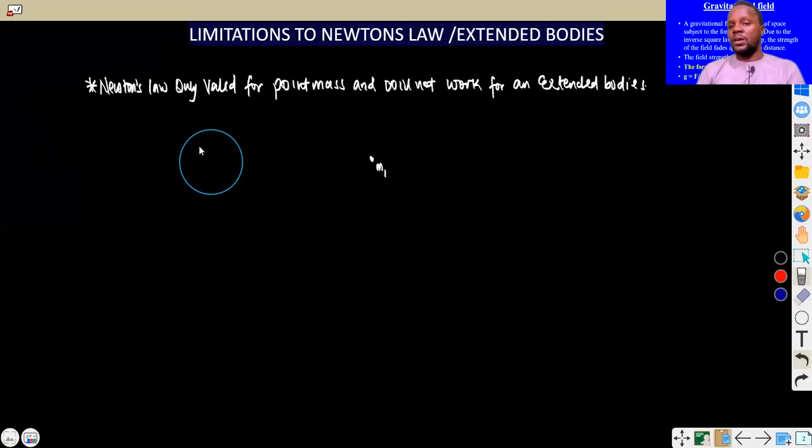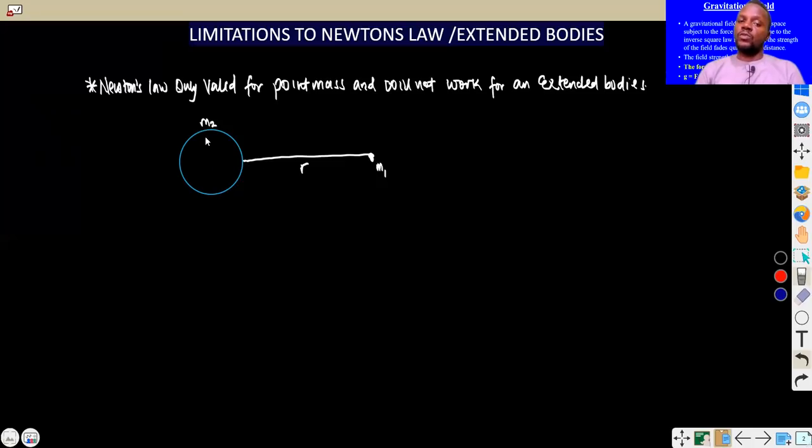This is a big extended body with big mass. So if we say these two bodies are separated by a distance r, not drawn to scale, from each other. Let's say the mass of this one is m2, or you can take this as m1 or m2. It doesn't change anything. Because I know students will ask why is this one not m1 and this is m2? It does not have any effect. So this is a point mass. This is an extended body.